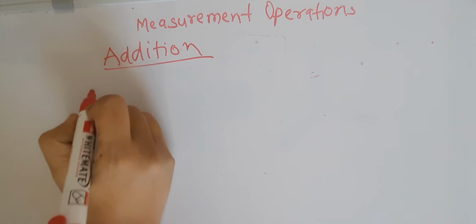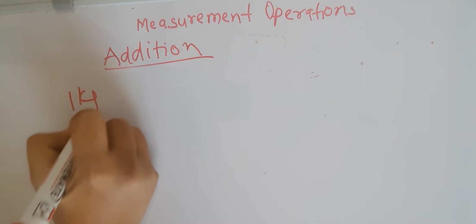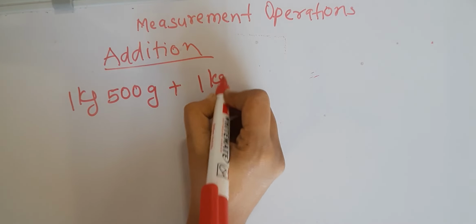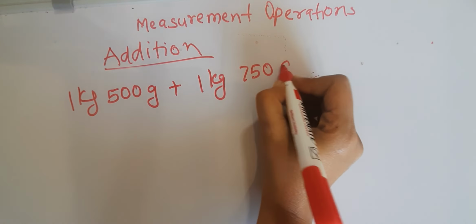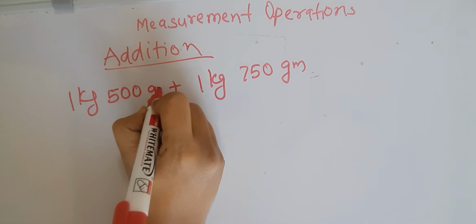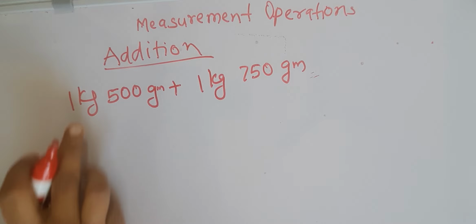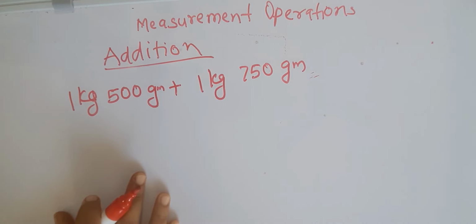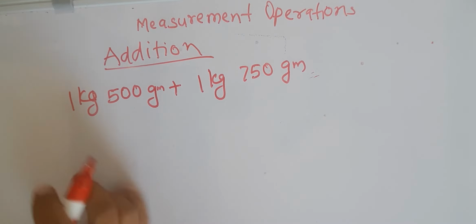Suppose we have to add 1 kg 500 gram with 1 kg 750 gram. What we can do is convert this kilogram into gram, and then perform the addition. It is easier for us.